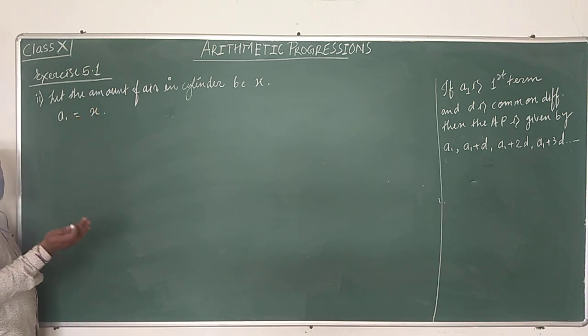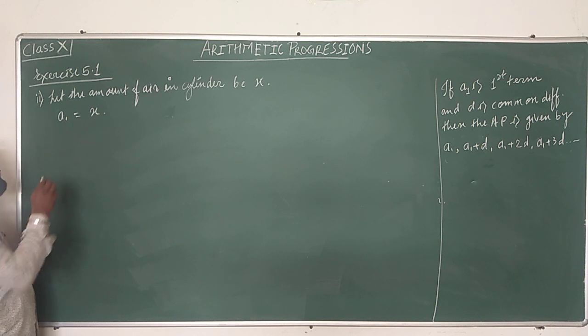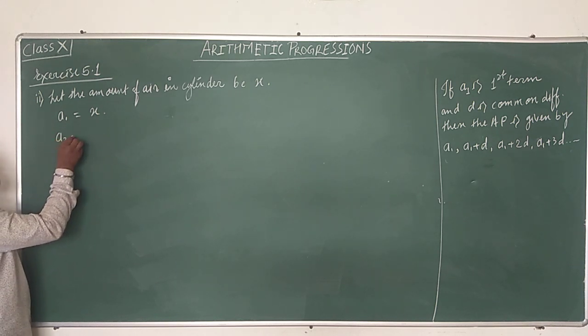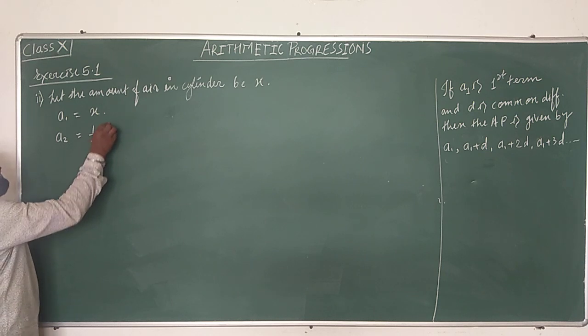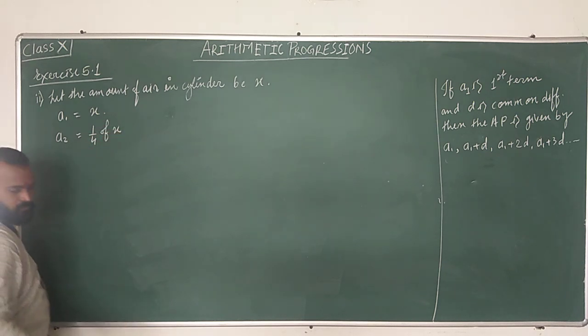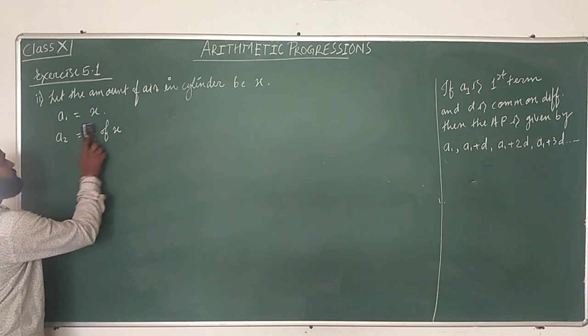Now 1/4 of the remaining air is removed, तो A2 क्या आएगा, A2 is equal to 1/4 of x.